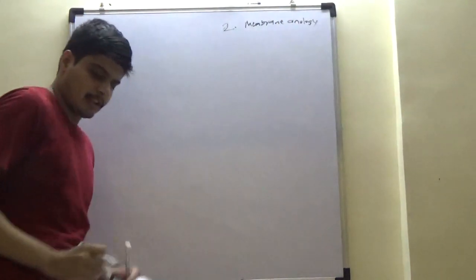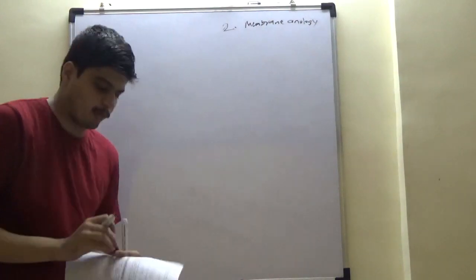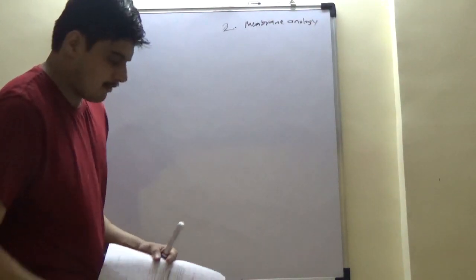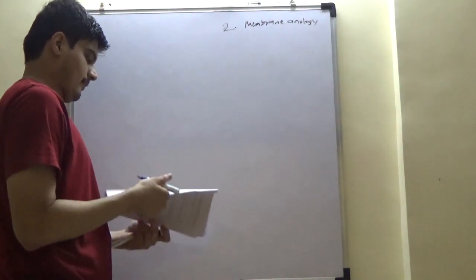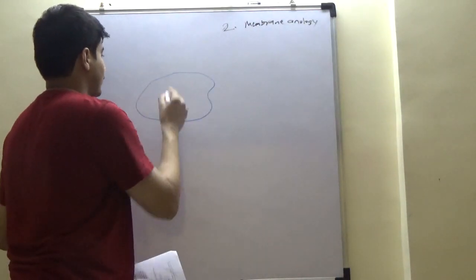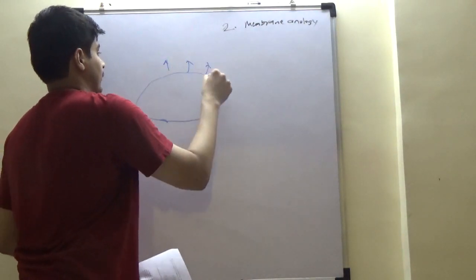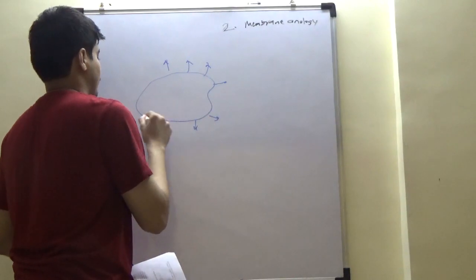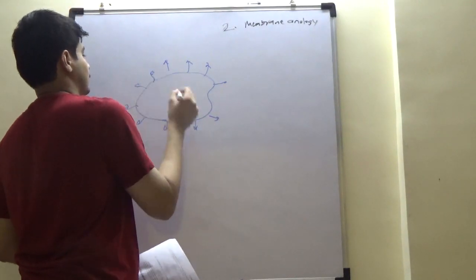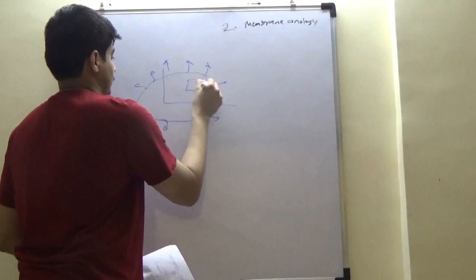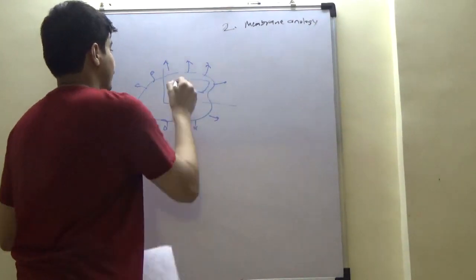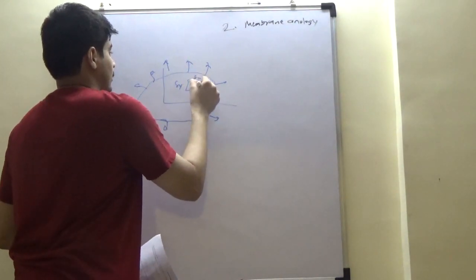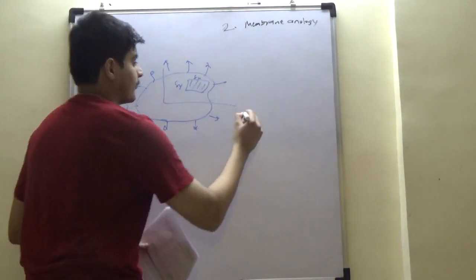Now, for the membrane analogy, what we have to do is think about a membrane. So imagine this is a membrane. This is a small section of it, the subsection which is what you are looking at.